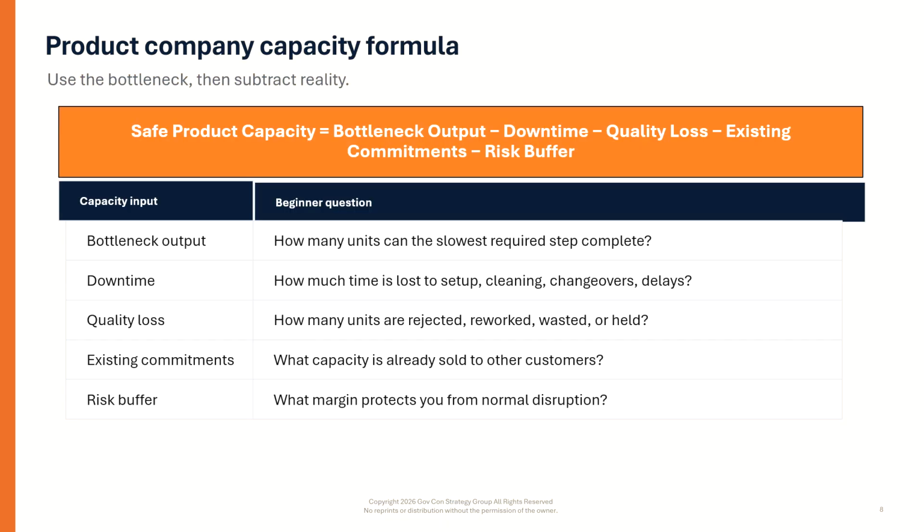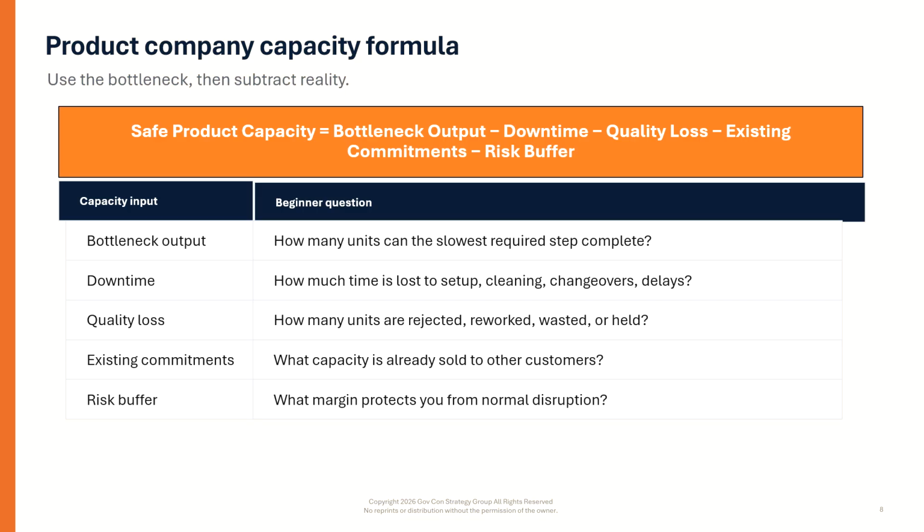For product companies, capacity is usually controlled by the bottleneck. That means you should not build the estimate around your fastest step. Build it around the slowest required step, because that is what limits output. Once you know the bottleneck output, subtract the reality of production. Account for downtime, setup, cleaning, changeovers, supply delays, quality loss, rework, waste, and any capacity already promised to other customers.